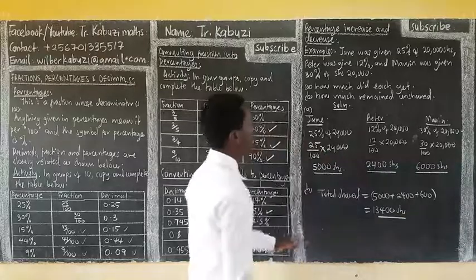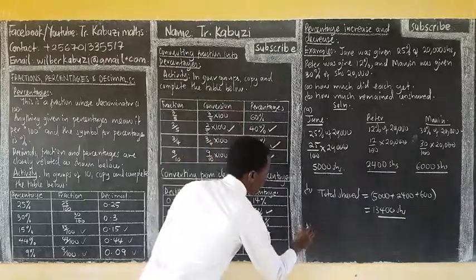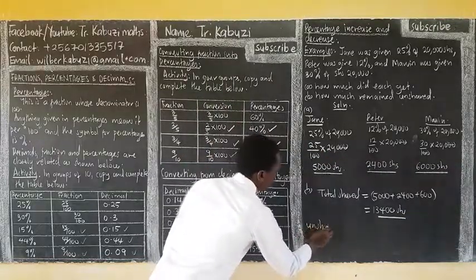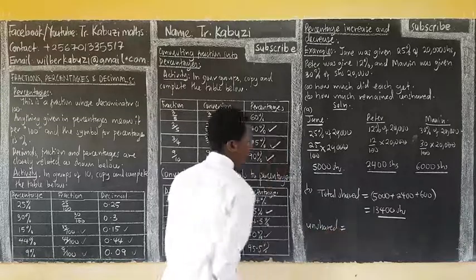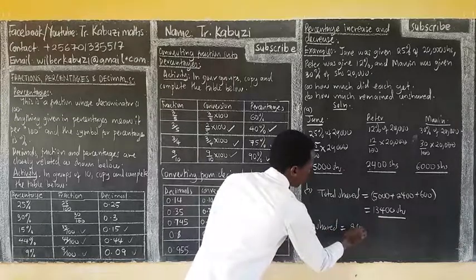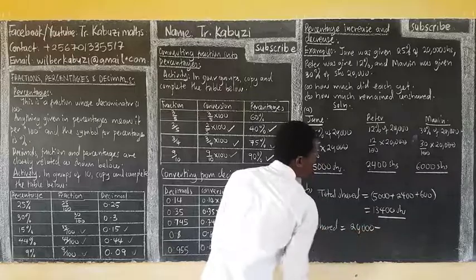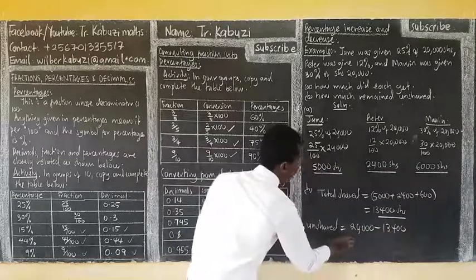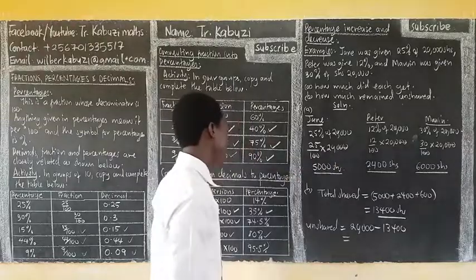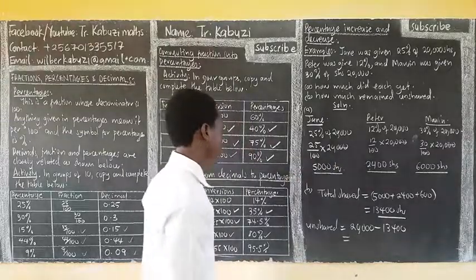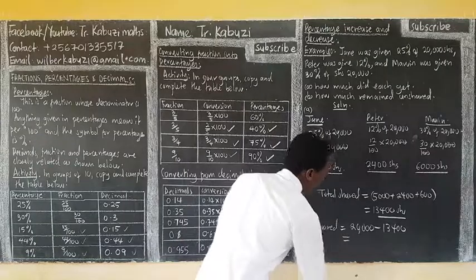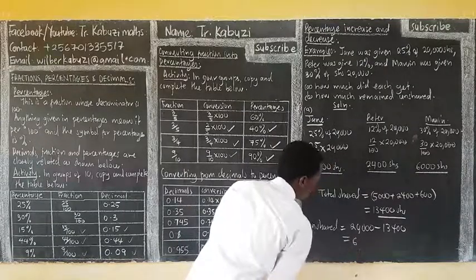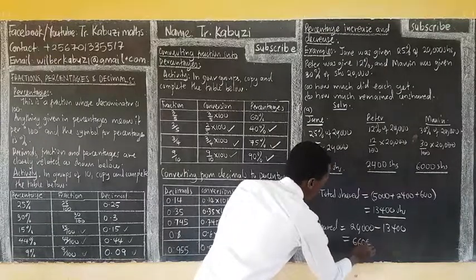So now, unshared, we shall get the 20,000 minus what was shared, and this is going to give us, I think, 6,600 shillings.